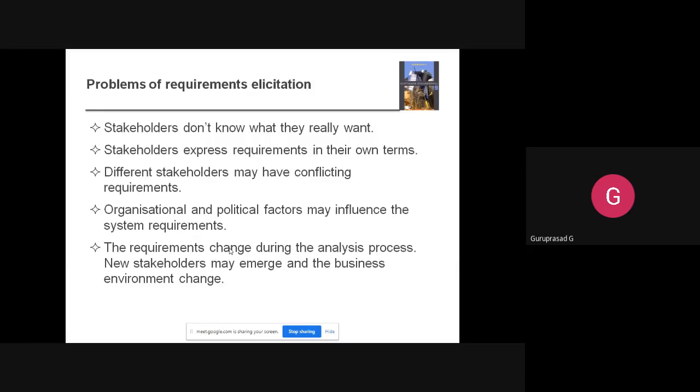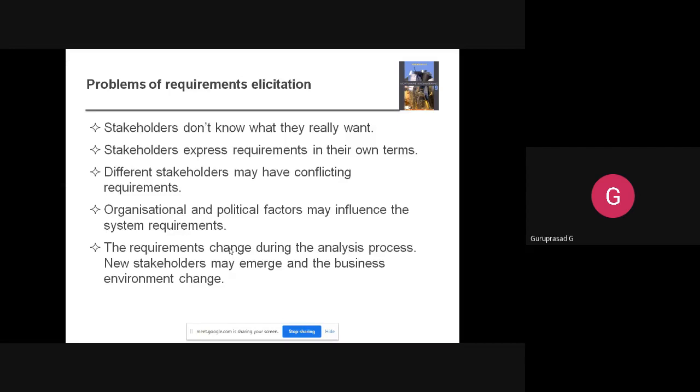Why? Number one, see the points there. Stakeholders don't know what they want from the computer system. Stakeholders express the requirements in their own terms. Different stakeholders may express the requirements in their own terms, and they may have conflicting requirements.